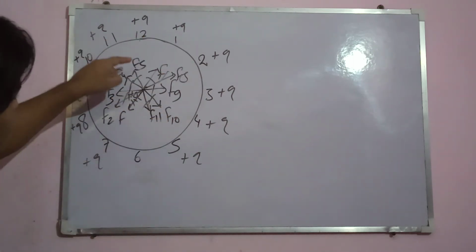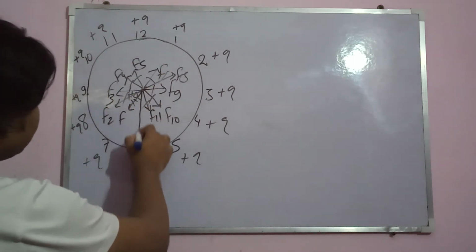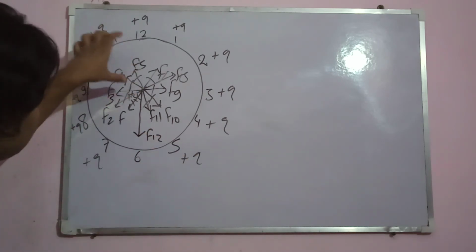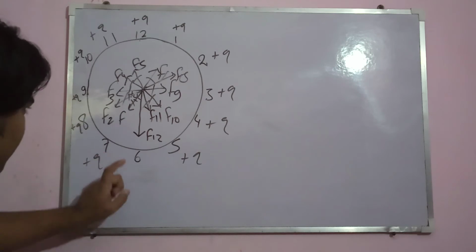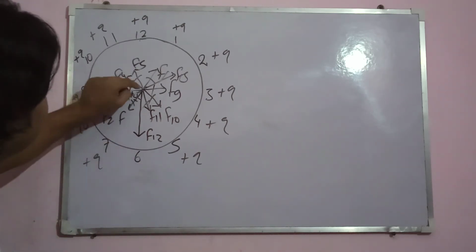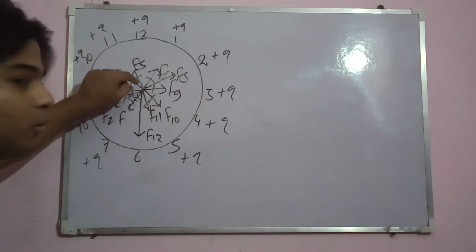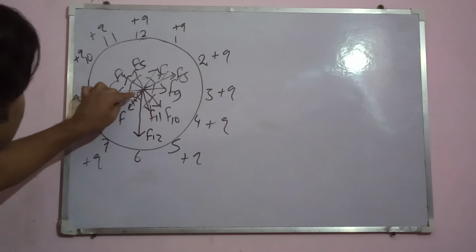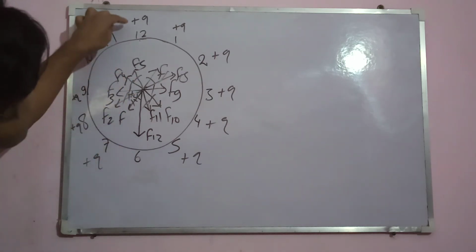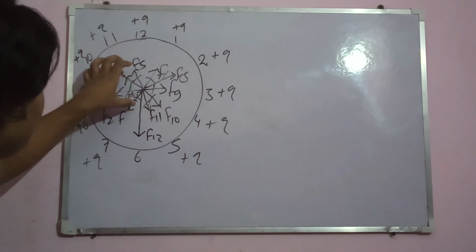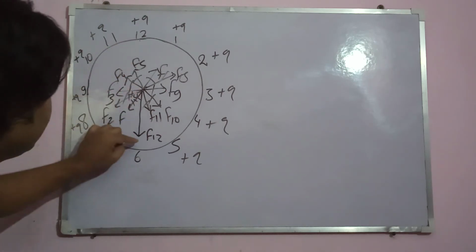To make a clear reason, I'm writing this. The force of F12 here is not going to be cancelled, because why? There is no opposite point charge. If I had a point charge here, then it would cancel the force over this plus Q. But the charge at 12 is applying a force over the plus Q at the center, that is F12.